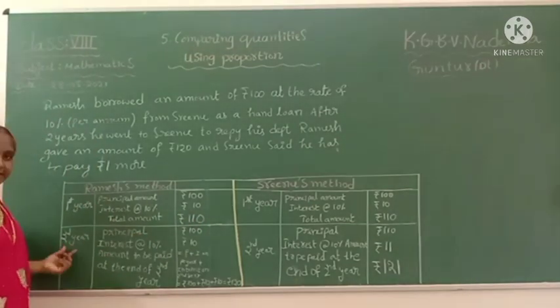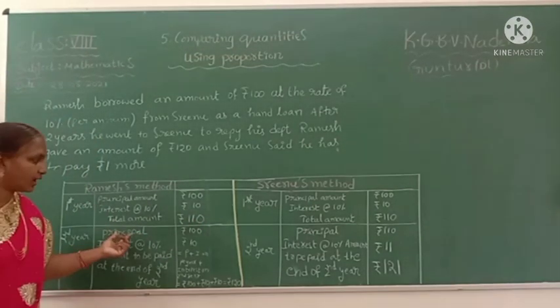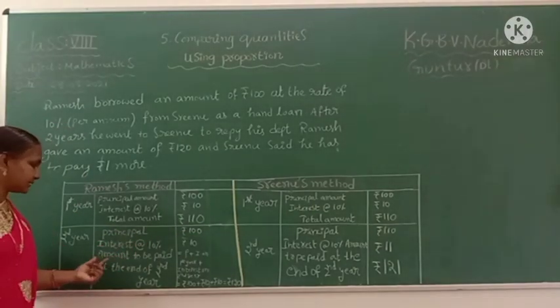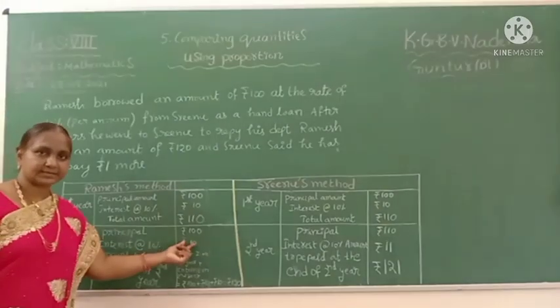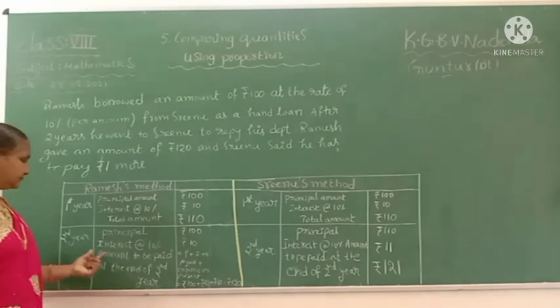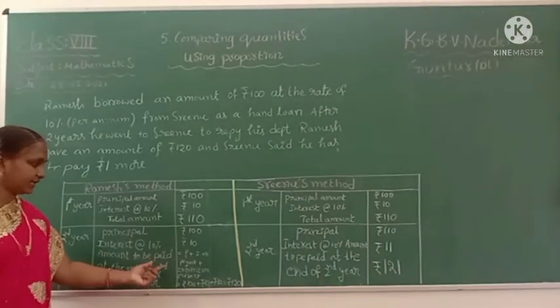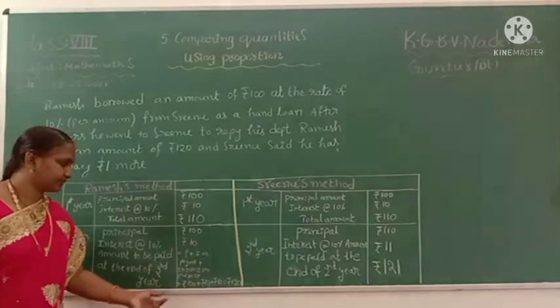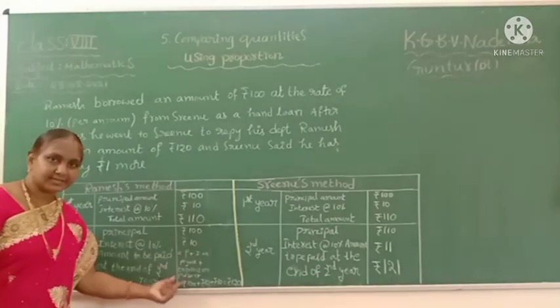For the second year, the principal is also 100 rupees. Interest at the rate of 10% of 100 rupees is equal to 10 rupees. Then the amount to be paid for the second year is principal plus interest on first year plus interest on second year.